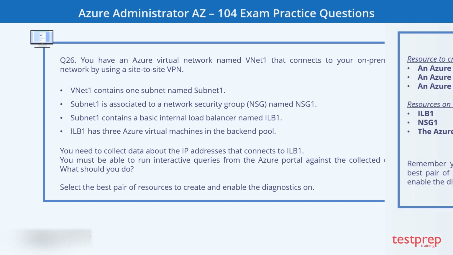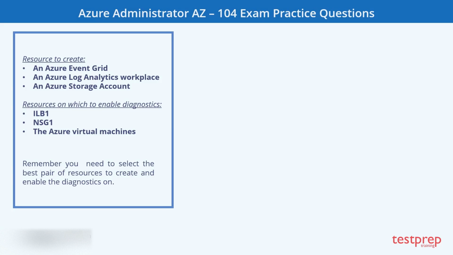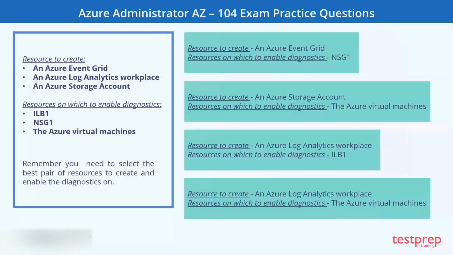The resources to create are as follows: an Azure Event Grid, an Azure Log Analytics Workspace, an Azure Storage Account. Resources on which to enable diagnostics are ILB1, NSG1, the Azure Virtual Machines. Remember, you need to select the best pair of resources to create and enable the diagnostics on. Your options are: 1. Resource to create, an Azure Event Grid.